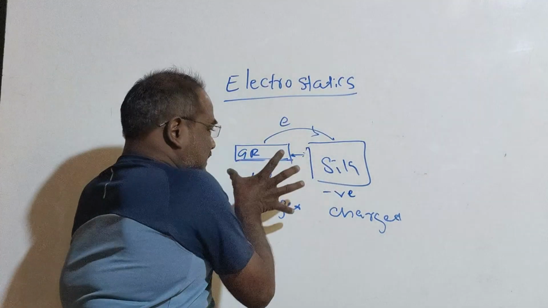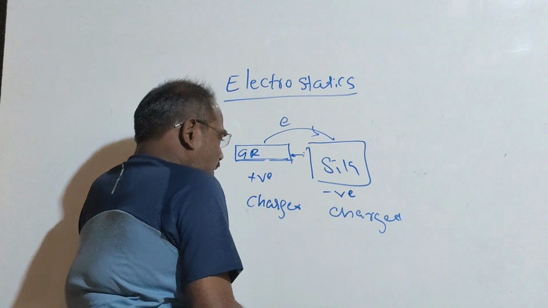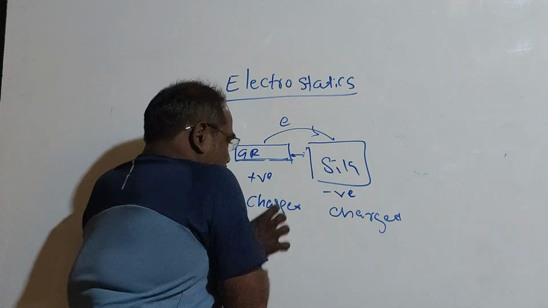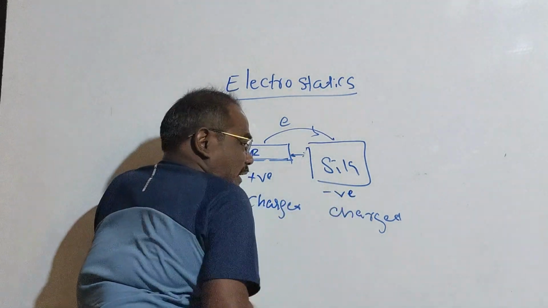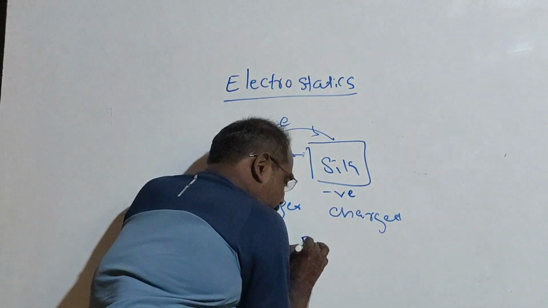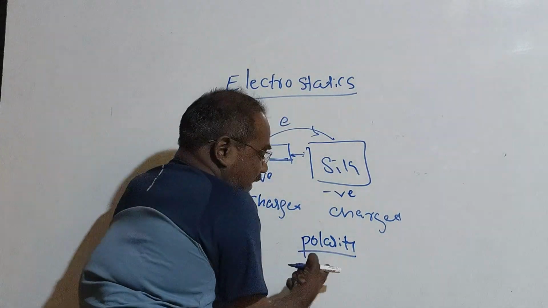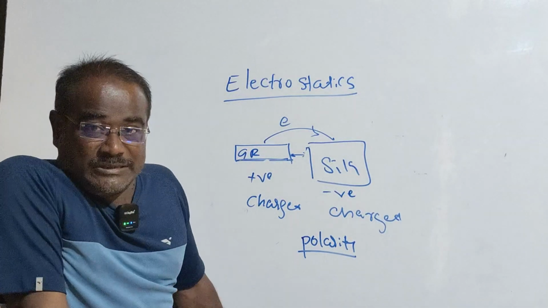This is positively charged and this is negatively charged. Again, this is positive, this is negative. This is a positive polarity and this is a negative polarity. Polarity is the property which differentiates between the two types of charges.